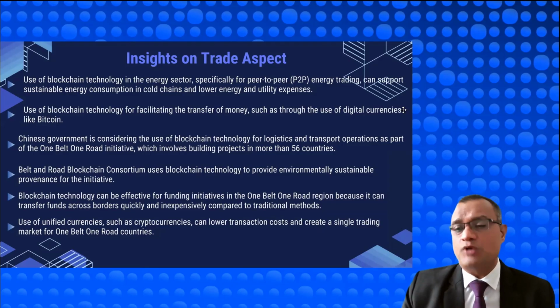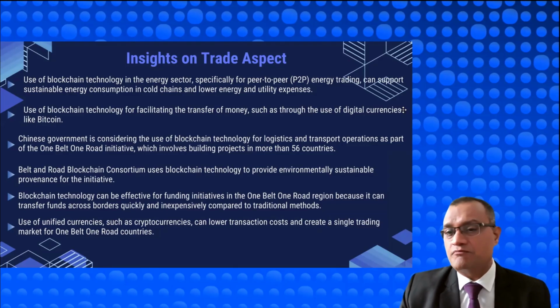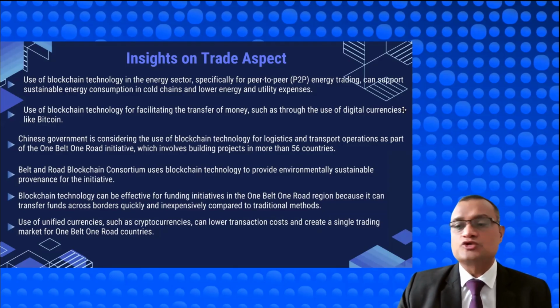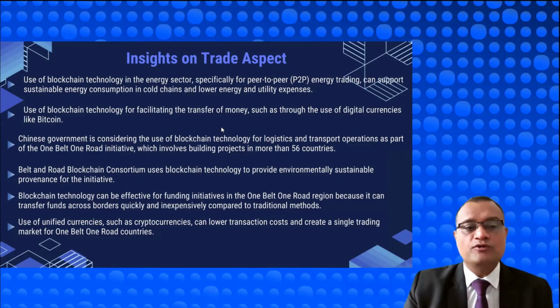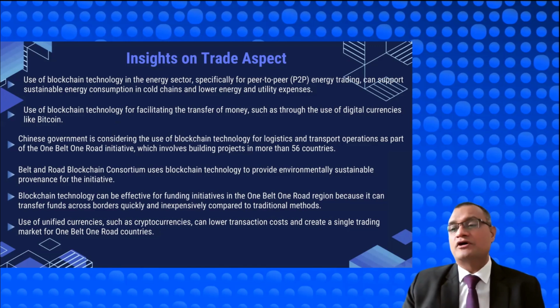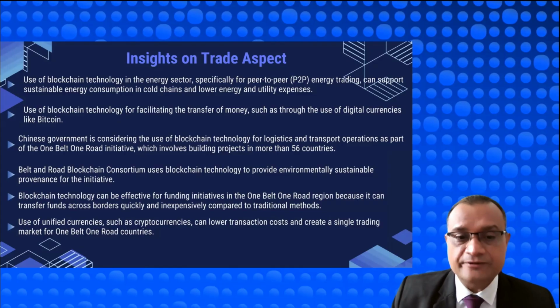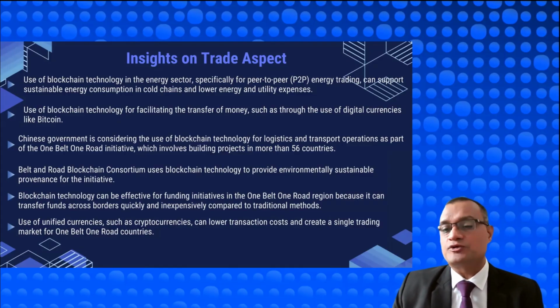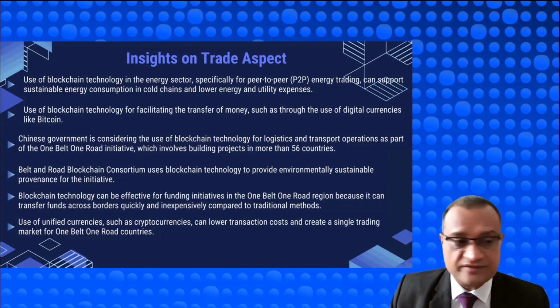Use of this blockchain technology can facilitate the transfer of money, such as through the use of digital currency like Bitcoin. The Chinese government, if you look at, is considering the use of blockchain technology for logistics and transport operations as part of the One Belt, One Road initiative. And this involves building projects in more than 56 countries.